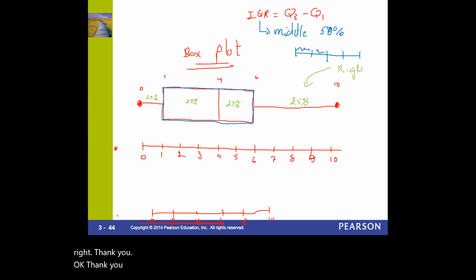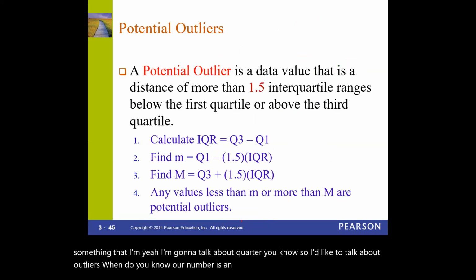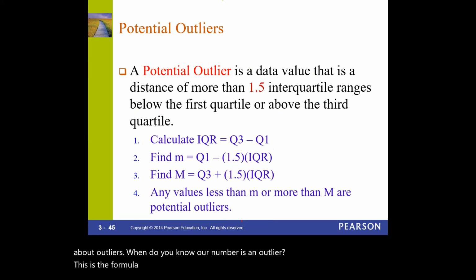Now let's talk a little bit about the interquartile range, and I like to talk about outliers. When do you know a number is an outlier? This is the formula that we use. This is the principle we use here.